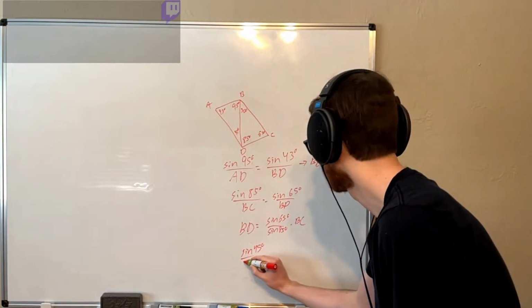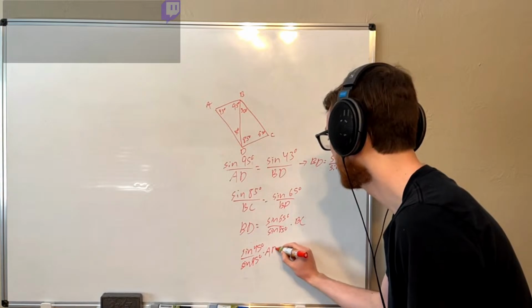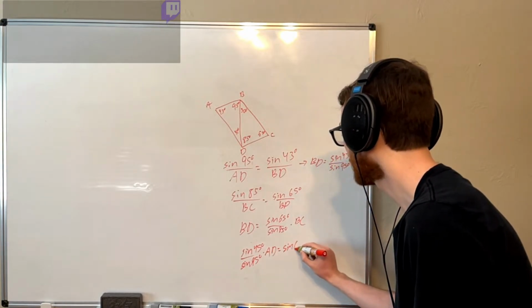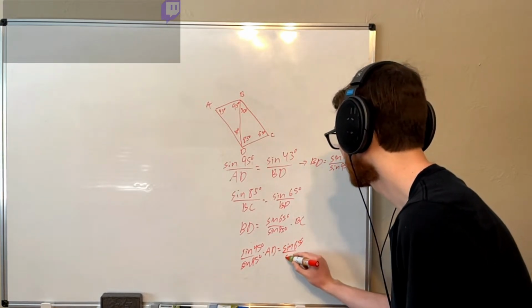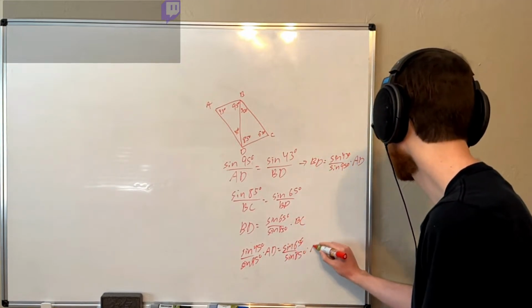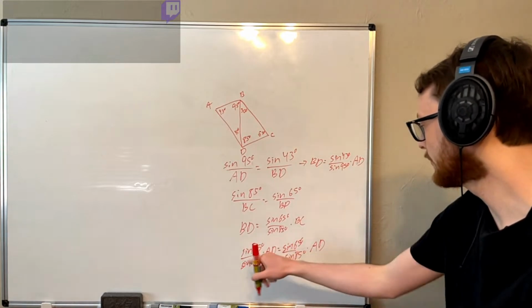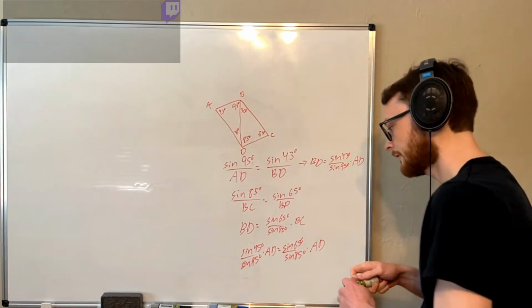Sine 43 over sine 95 times AD equals sine 65 over sine 85 times, and instead of BC, I'm going to say AD. And these two are almost certainly not the same.